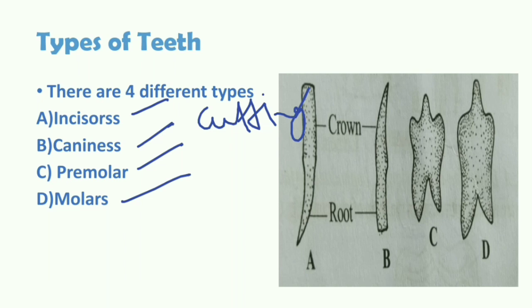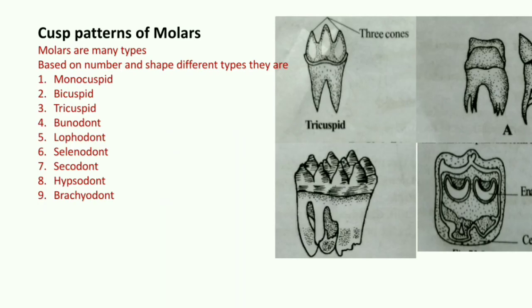Next, premolars and molars are collectively called grinders. They have two or more roots, and the crown bears complex cusps. Next is the cusp pattern of the molar.